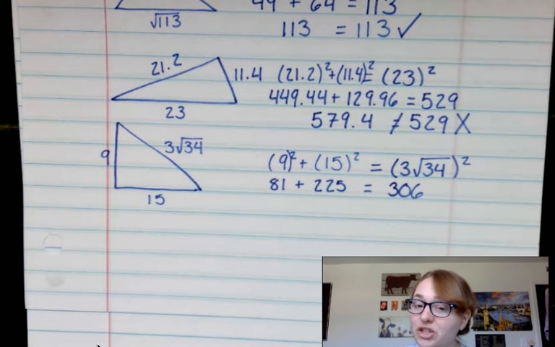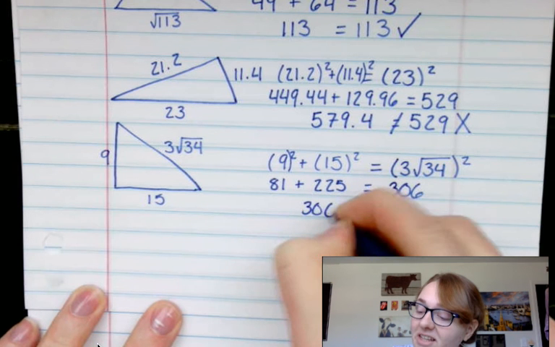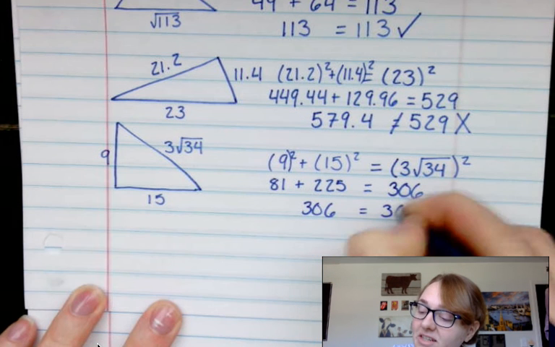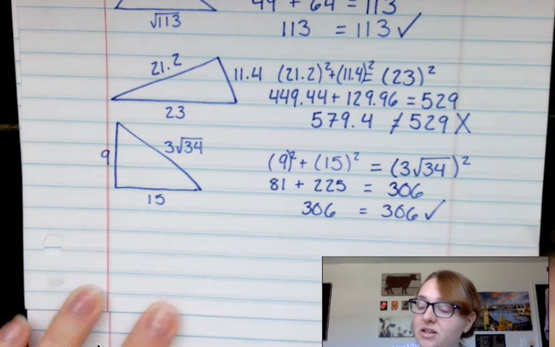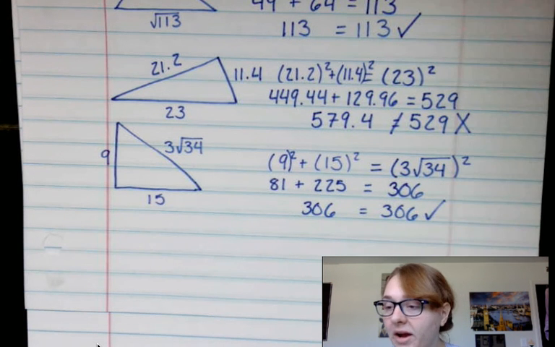Then we go ahead and just do our addition. 81 plus 225 does in fact give us 306. And 306 is equal to 306, so I get a little check mark there saying, yes, this is a right triangle.